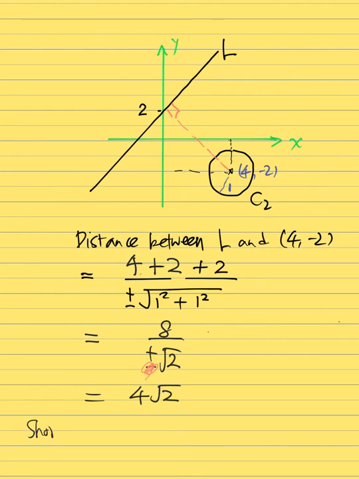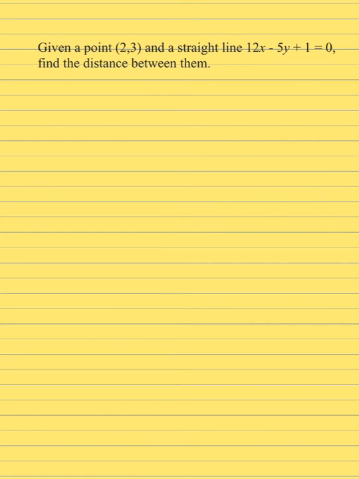The required shortest distance between the line L and the circle C2 is just the distance between the center and L, 4 square root 2, minus the radius. Okay, that's what we need to find. Now, which method do you prefer? Consider this last question.